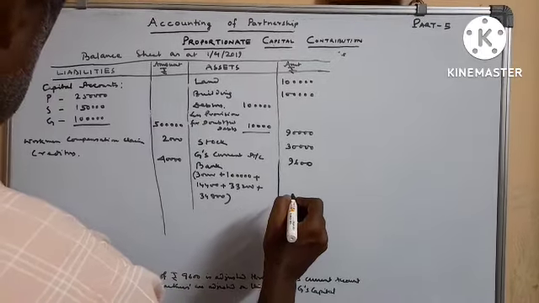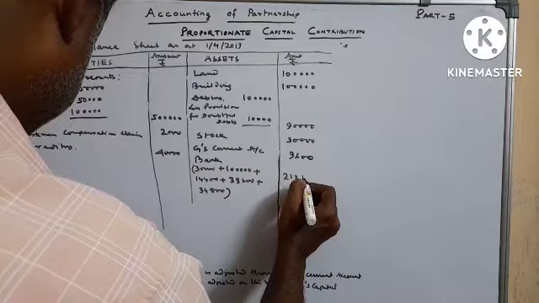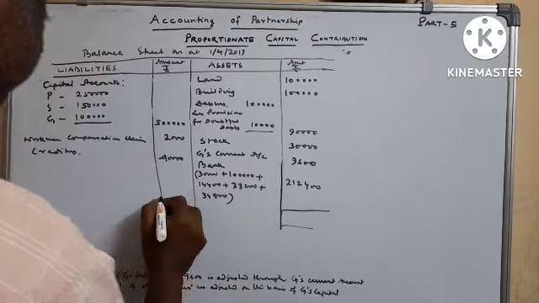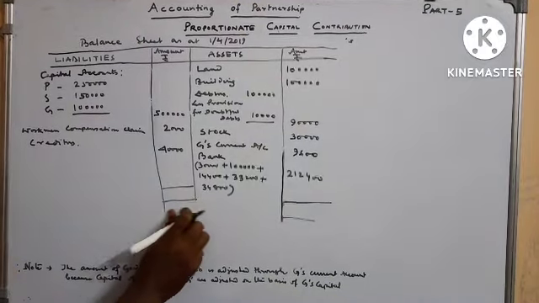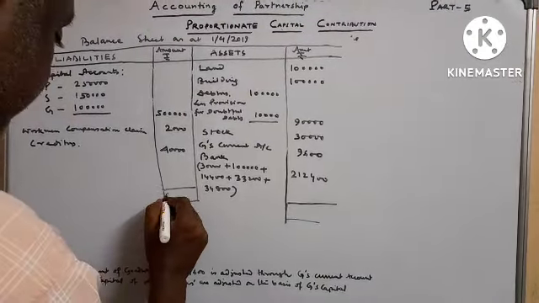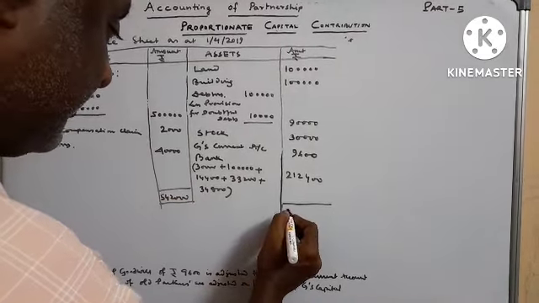Total becoming 2,12,400. Balance sheet total will be 5,42,000.